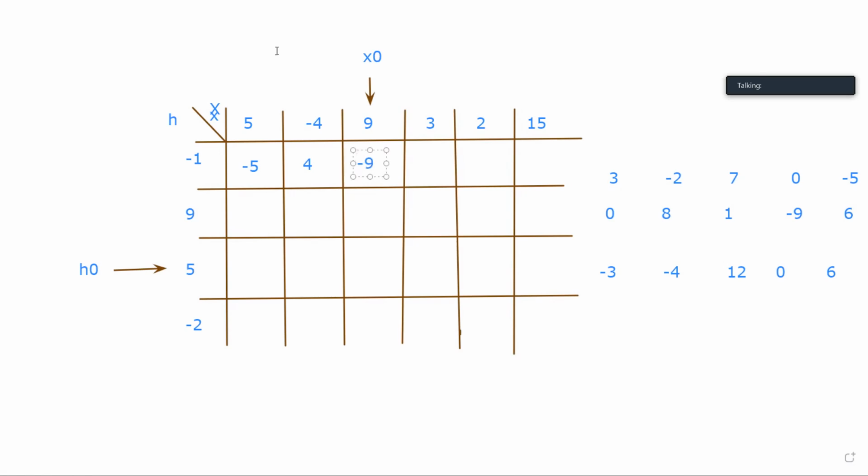Oh, yeah. This is very... must be a better way of doing this, eh? And we have here -2.